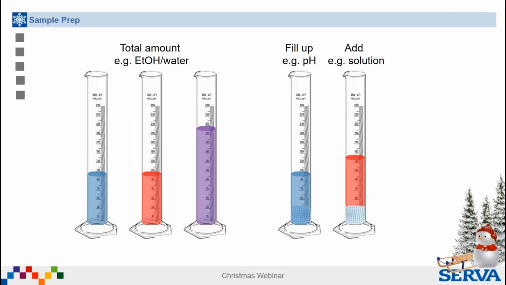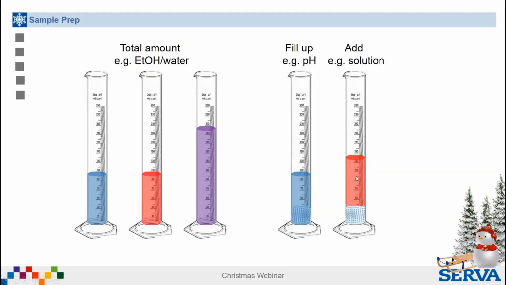And if you already lost this information, here are some examples where you fill up. This is, for example, the pH value. If you have a solid, you fill it to the right amount with water, mix it, and you measure the pH, and if the pH is correct, then you fill it up to the amount that you want to have.